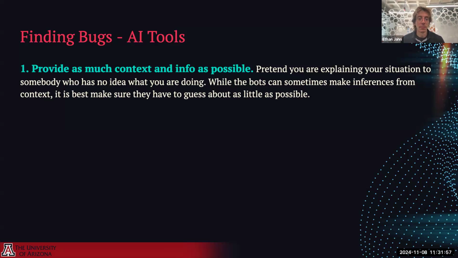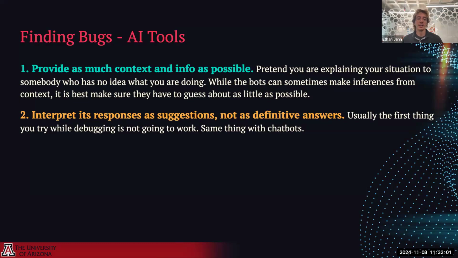So generally, start by providing context and information. And when it does provide a response, take it as a suggestion rather than a definitive answer. It's not going to actually know exactly what's going on. It has no way of knowing exactly the situation that you're in other than what you tell it. Just like the first thing that you try while you're debugging is not going to work, the first response that you get from a chatbot might not work.